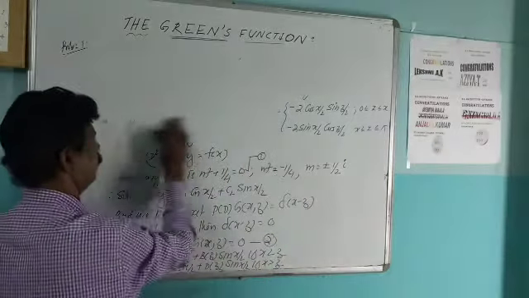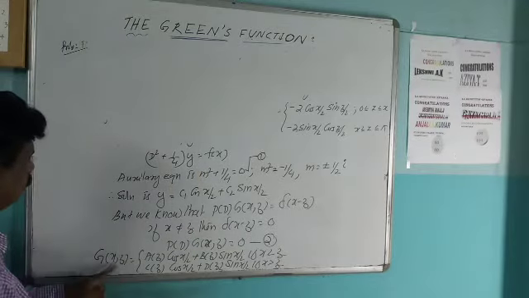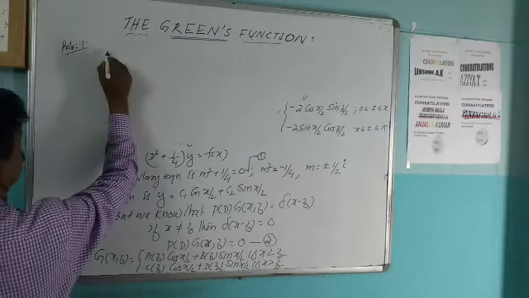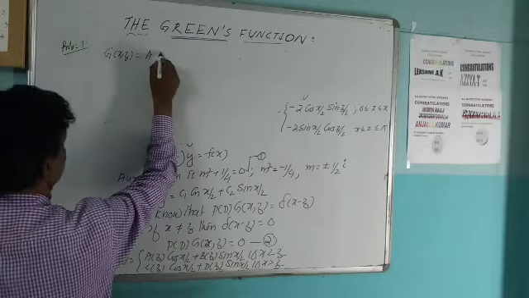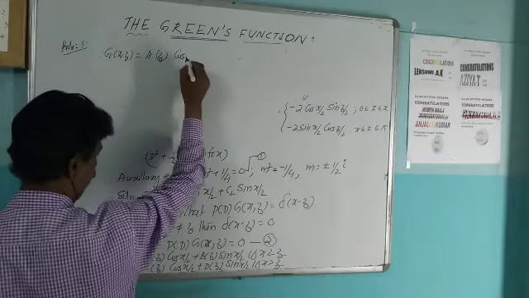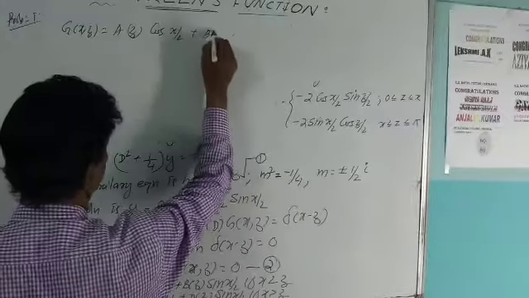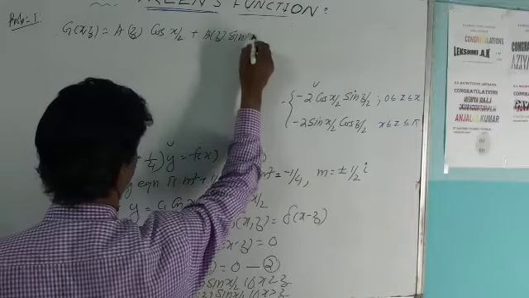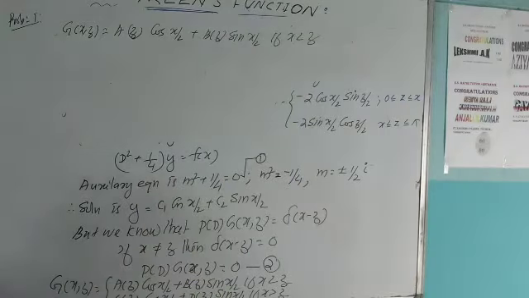Here I am going to write this again: g(x, z) equals a(z) cos(x/2) plus b(z) sin(x/2) if x < z.